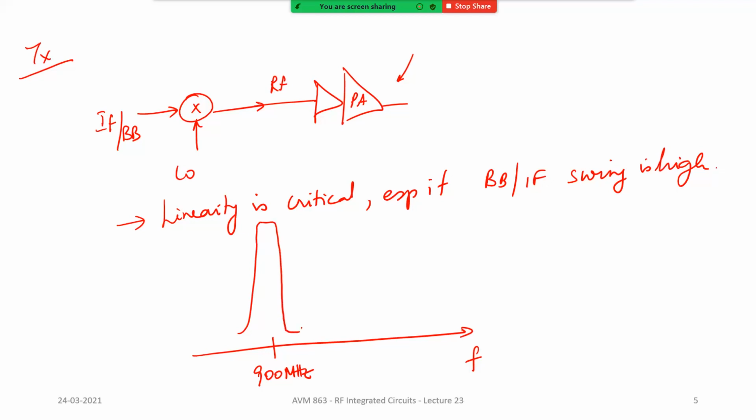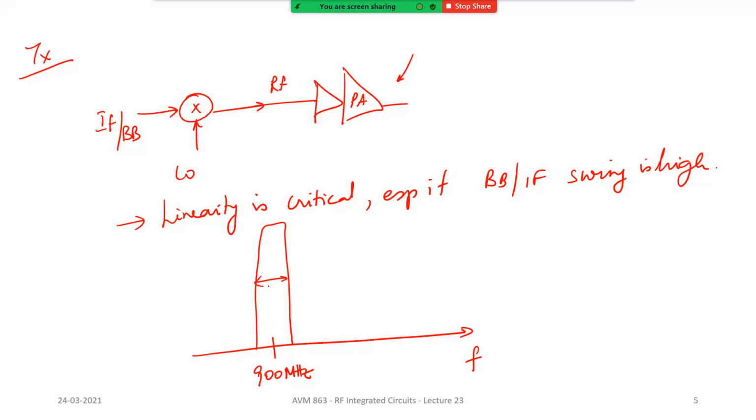Ideally, you have signal in this bandwidth and zero elsewhere. Correct? That is your ideal case.